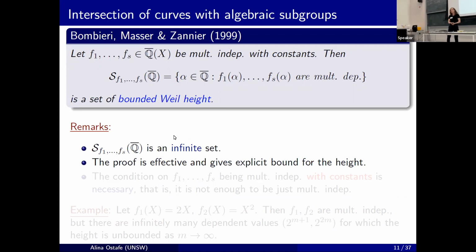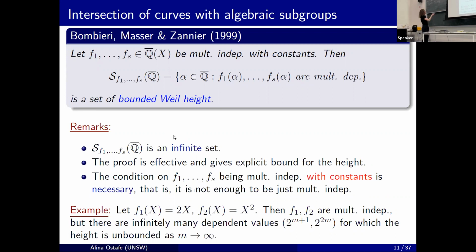The proof is effective and gives an explicit bound for the height in terms of the initial data, f1, ..., fs, and the field over which they are defined. And let me also comment that this condition with constants is essential here, as otherwise the result is not true. As the following example shows, take f1 to be 2 times x, f2 x squared, then, well, these are multiplicatively independent, but not modulo constants.